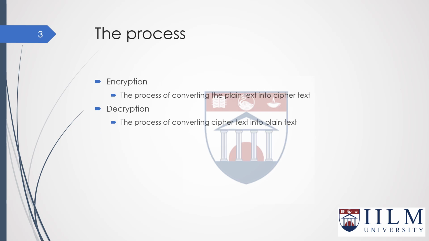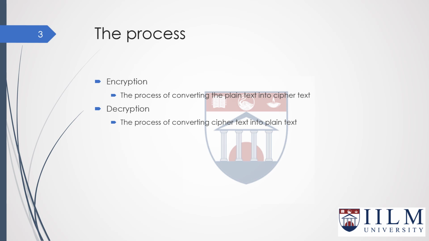Moving to the next, when the sending data is converted into an unreadable form, that is the process of encryption, and the result is called ciphertext. Yes, you're right, ciphertext.